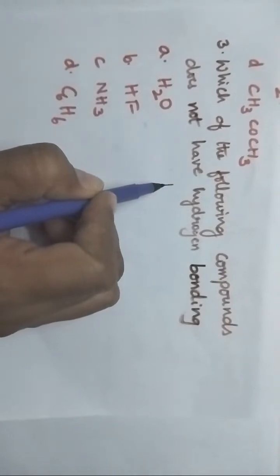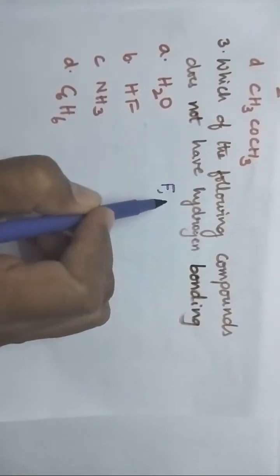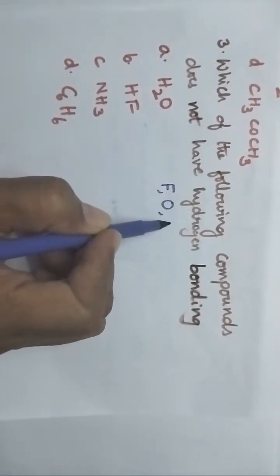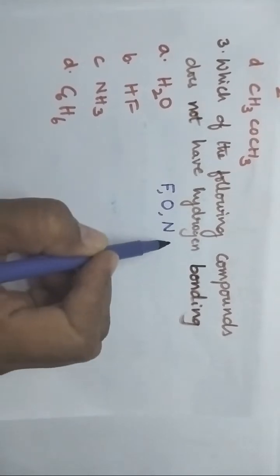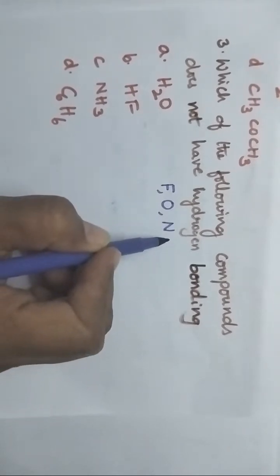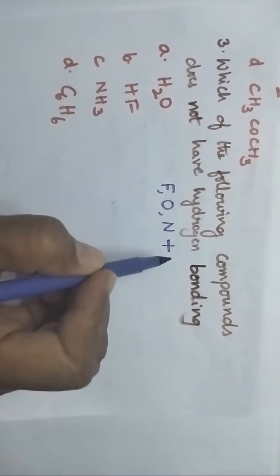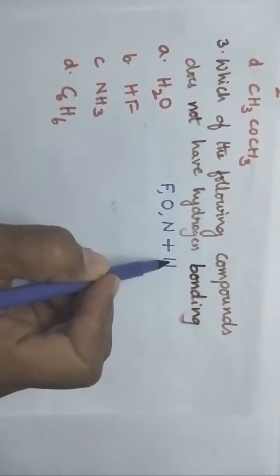Which atoms can form hydrogen bonding more readily? Fluorine, oxygen, nitrogen. So what is the requirement? Along with these atoms, a compound is supposed to contain hydrogen atoms. Then only there is a possibility for the hydrogen bonding. You just carefully observe the structure and tell me in which of the following compounds no hydrogen bonding is present.